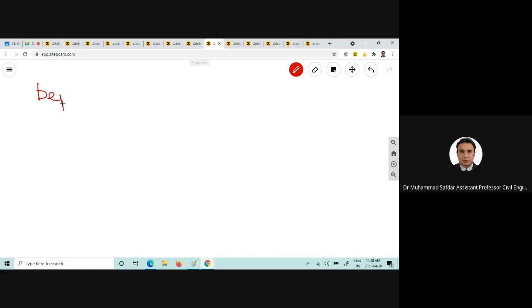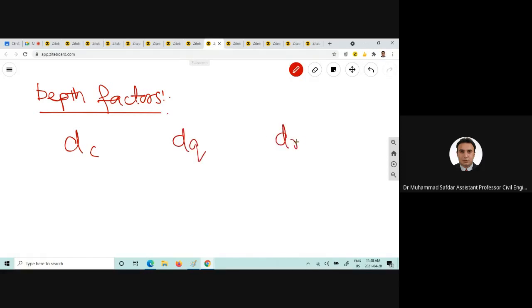Now we need to find out the depth factors as well. What should be the Dc, Dq, and D gamma values? So Dc is equal to 1.16.